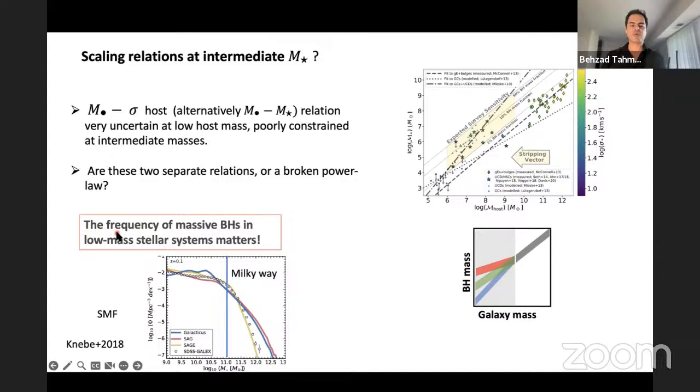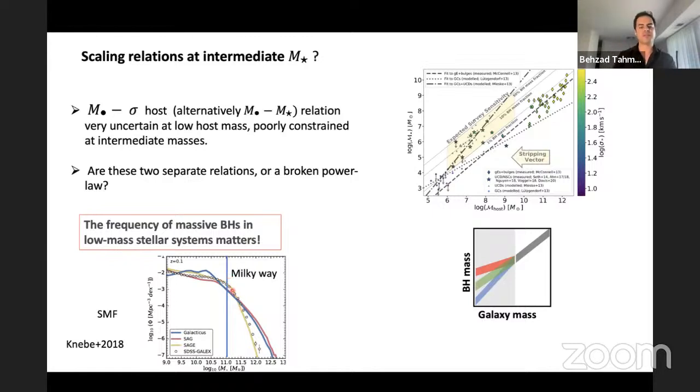And so the frequency of massive black holes in low mass stellar systems matters. Another thing: if we look at the stellar mass function of the universe, we can see there are still many more galaxies that are less massive than the Milky Way as we go toward the less massive, like 10^9. So the Milky Way is kind of a massive galaxy, in the middle, let's say.